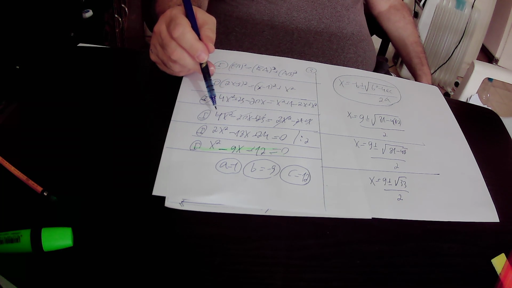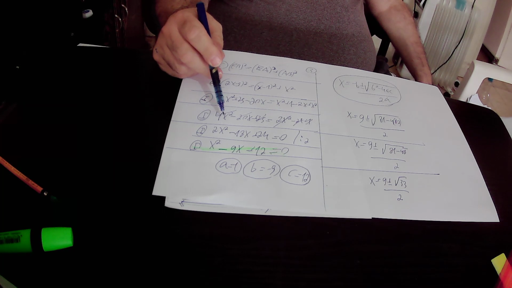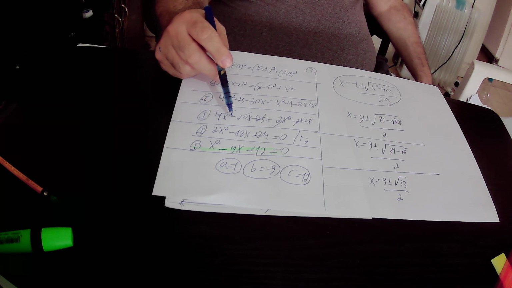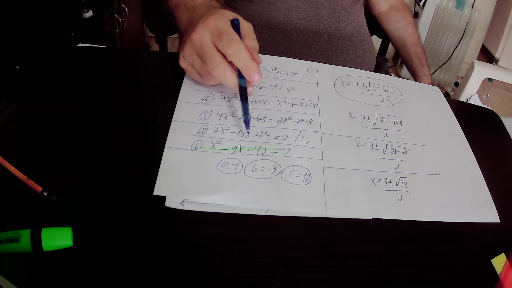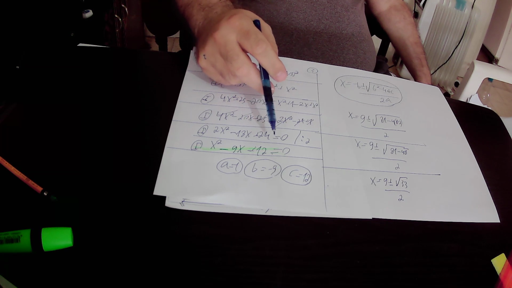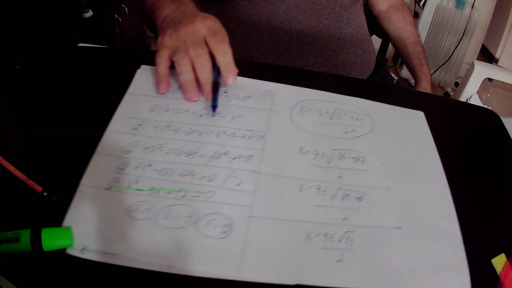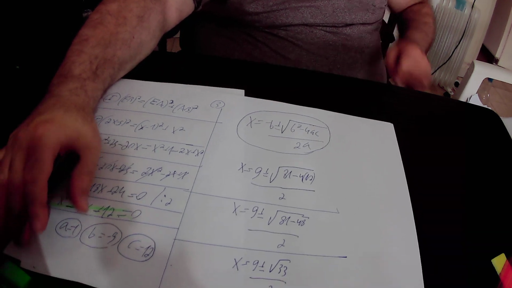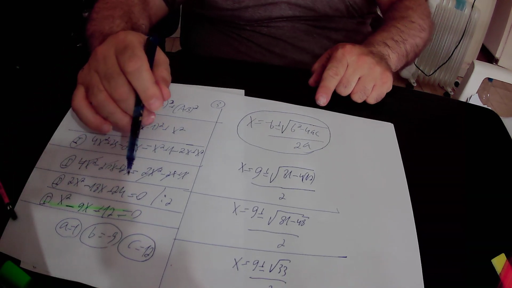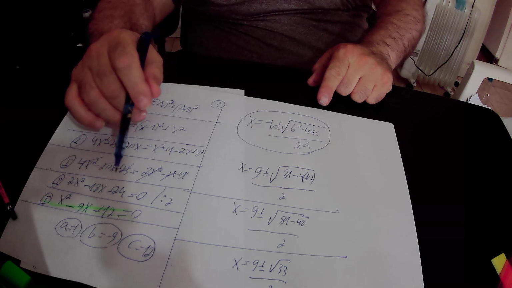We divided equation number 1 by 2, and we got that x squared minus 9x plus 12 equals 0. The coefficient a here is equal to 1, the coefficient b equals minus 9, and the coefficient c equals 12, and the general formula for solving a quadratic equation is x equals minus b plus minus square root of b squared minus 4ac over 2a.